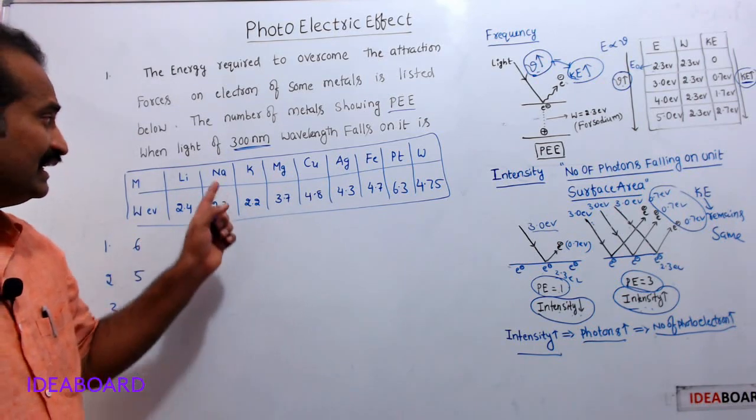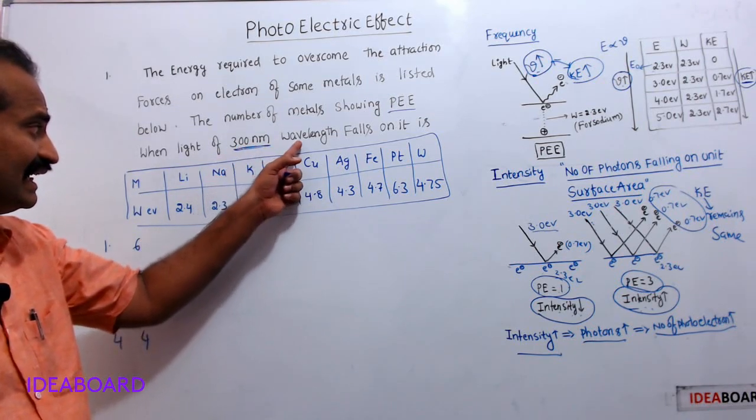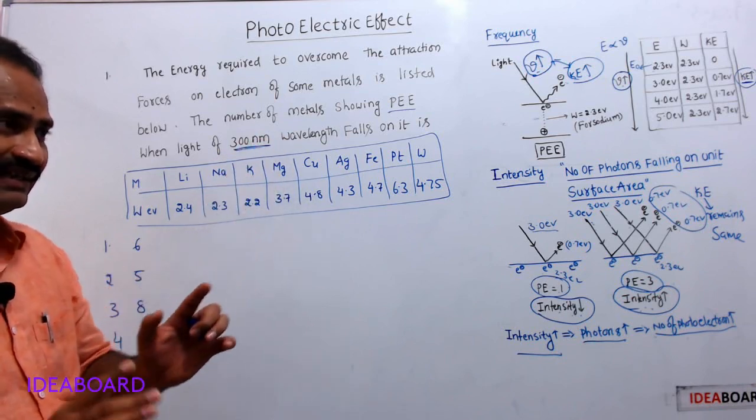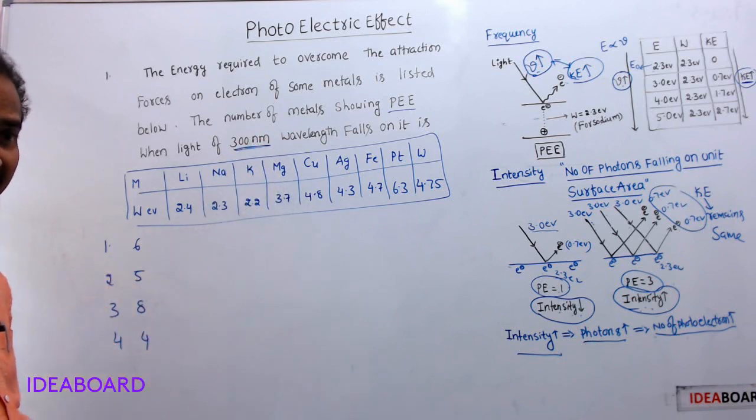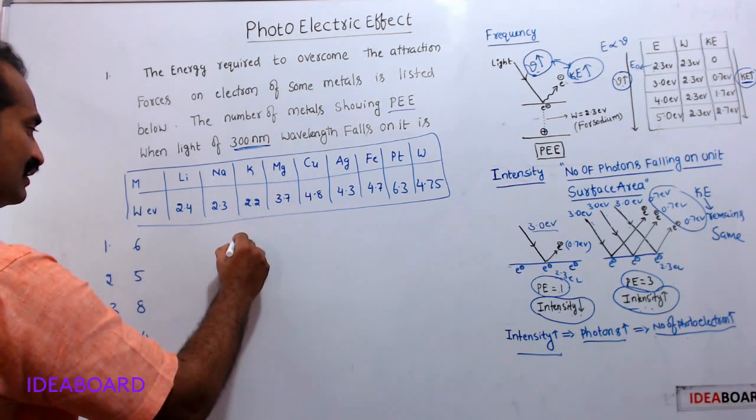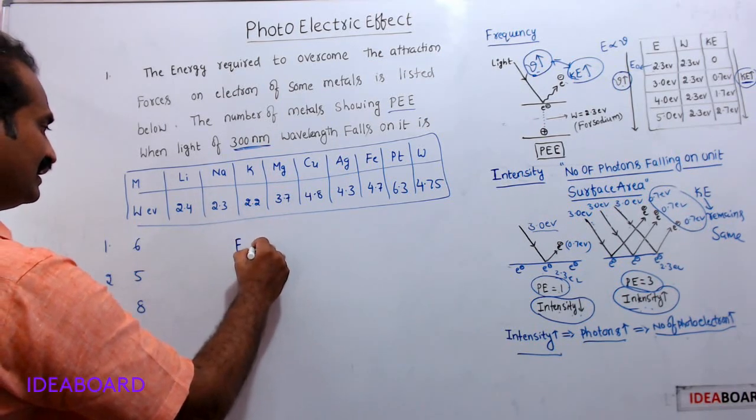Here, first the incident light wavelength is given, so from that we can find the energy. We have one simple formula.